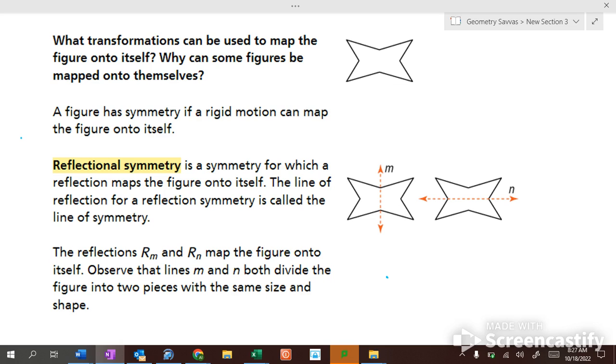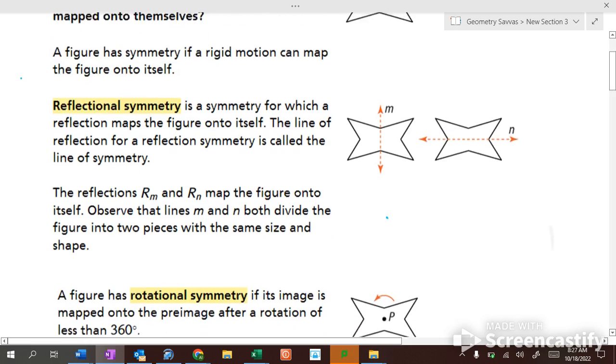The line of reflection for a symmetry is called the line of symmetry. Okay? So, we can flip it this way and it's on top of itself, or we can flip it this way and it's on top of itself. So it has two lines of symmetry. Depending on the shape, it could have one line of symmetry, a couple lines of symmetry, or it could have 10 lines of symmetry, as you'll see in a little bit.